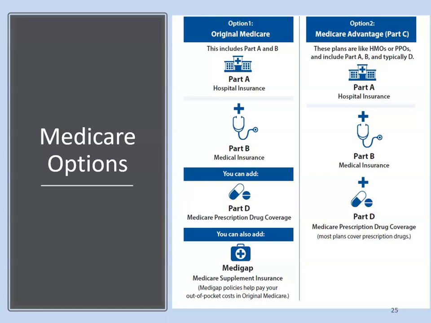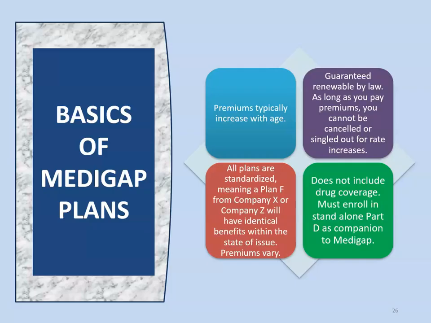This is typically known as Part C. These plans are HMOs, health maintenance organizations, or PPOs, preferred provider organizations, that include Part A, B, and D into one plan. Right? These tend to be the most popular because it helps bring down the cost. It kind of bundles all the services into one solution. Let's break down the Medigap first, and then we'll go into the Medicare Advantage plan second.